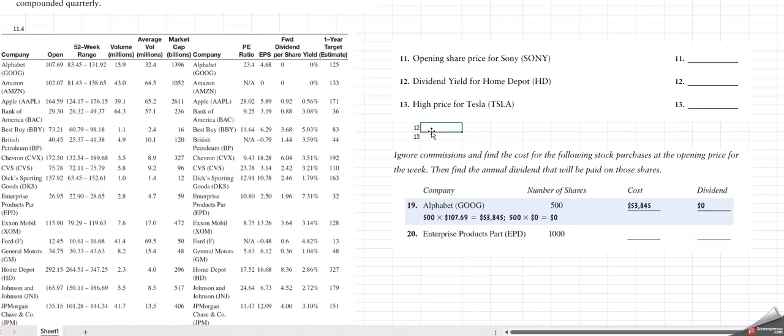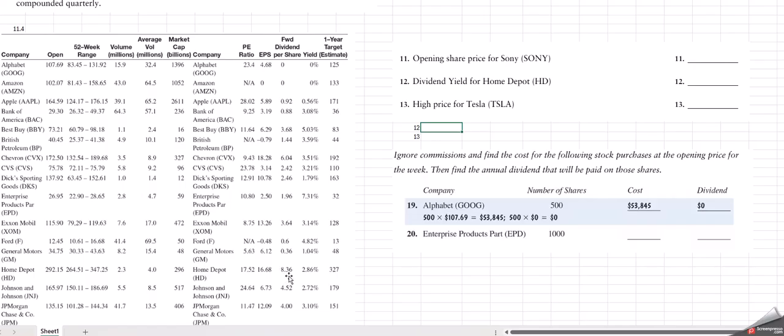So 12 says the dividend yield for Home Depot. If we look through this list, I am cutting off the very end of it. So hopefully I didn't cut off Home Depot. No, okay, so Home Depot's down here. For Home Depot, if we keep going across, we have the price to earnings ratio, our earnings per share, then our dividend per share.